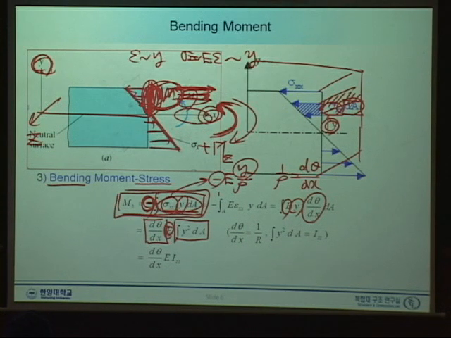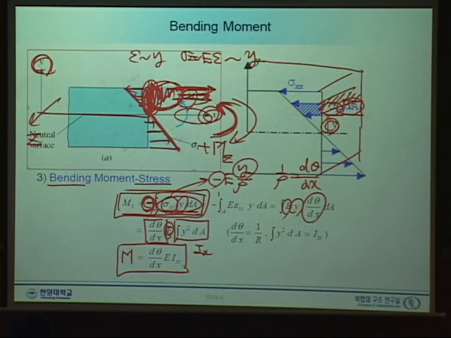What is that? This is the moment of inertia. Area moment of inertia. So simply moment equal d theta dx EI.